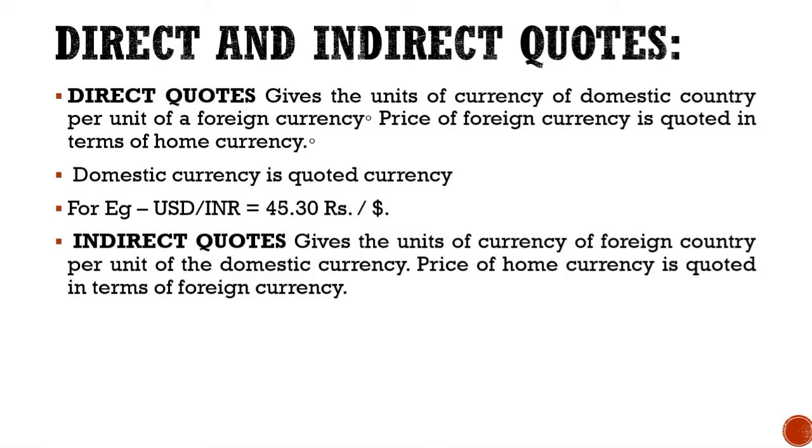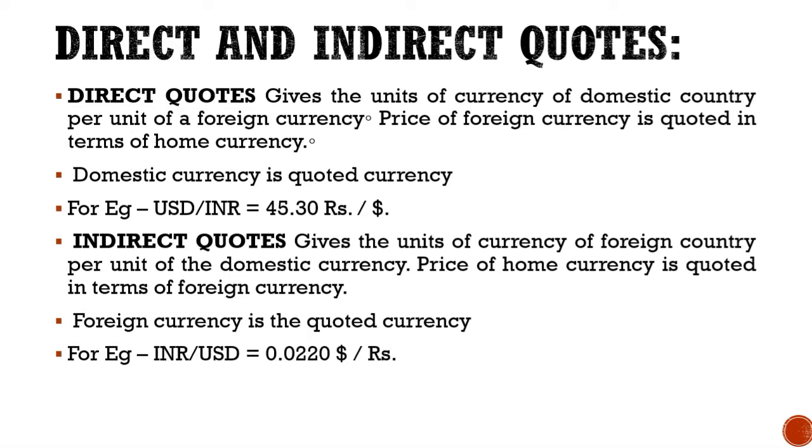So an indirect quote basically gives the units of currency of a foreign country per unit of domestic currency. Here the price of home currency is quoted in terms of foreign currency. The foreign currency is the quoted currency. Example, Indian rupees to USD is equal to 0.0220 dollars.